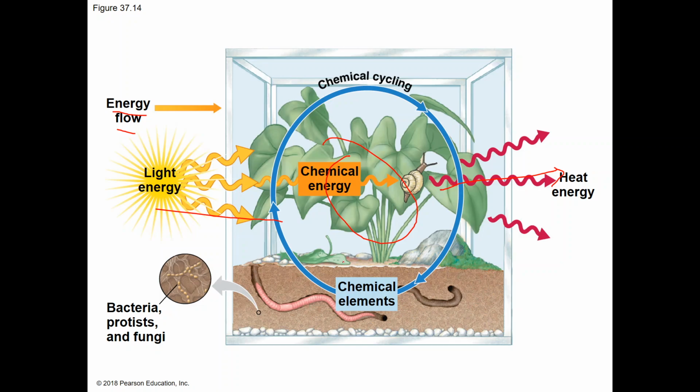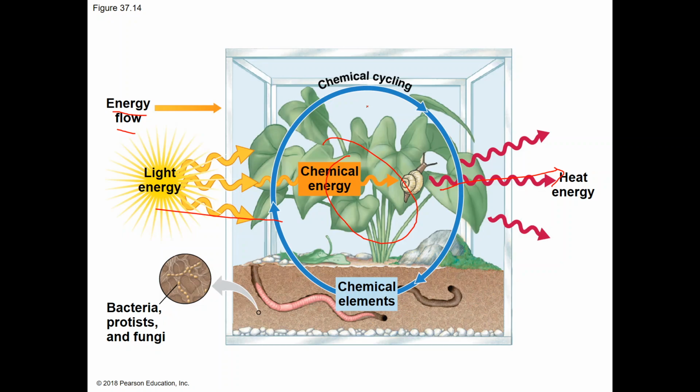The plants are able to acquire a lot of these chemical elements from the inorganic, non-living form of these elements, from the air and the soil, and use them to build organic molecules. You should have gone over some of this in Bio 101, the difference between organic and inorganic molecules.